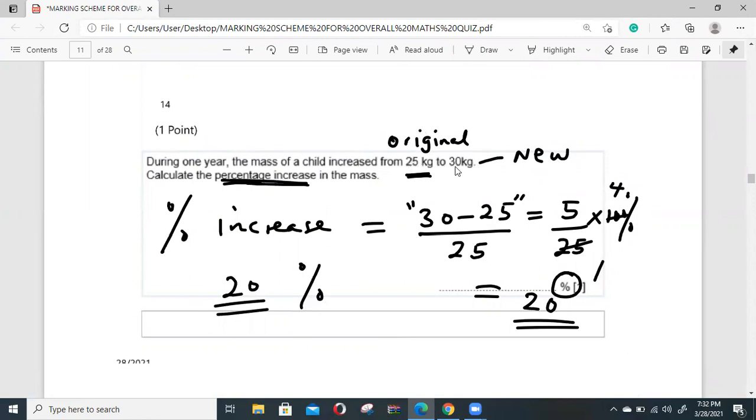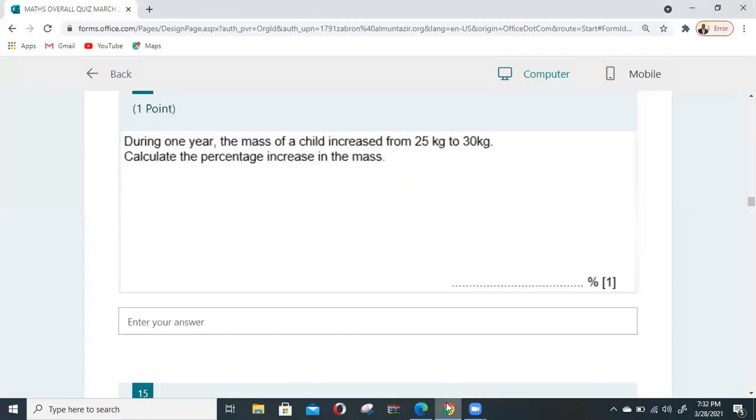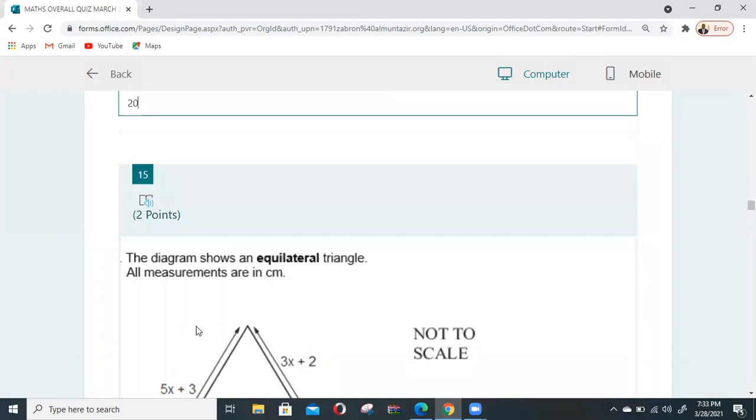Do not divide by the new amount. You divide by the original, that is 25. When you do that calculation, 5 divided by 25, multiplied by 100, that will be equal to 20%. Okay, so the answer is 20%, but don't write the % because the symbol is already there for percentage. So go ahead writing here 20, like that. Okay, so you're good to go.